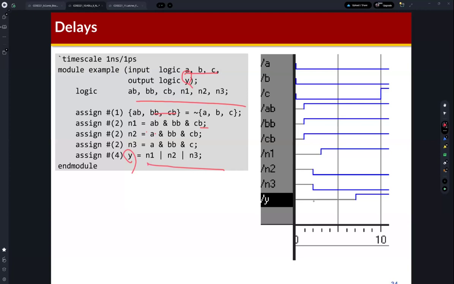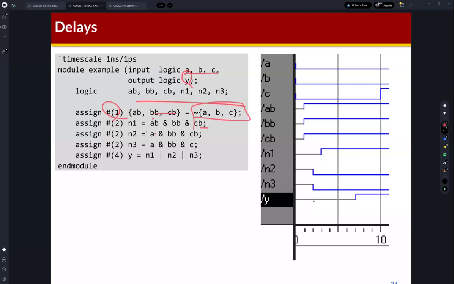Then how are delays reflected? When I explained the delay in the assign statement, I mentioned that the assign statement will be executed if the right-hand signals are changed, and then the output will be reflected after this delay.